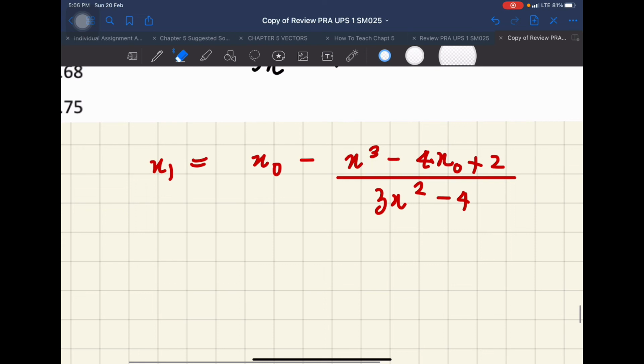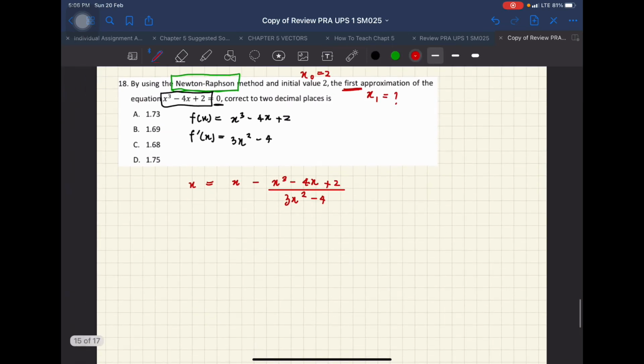Ruang ni kecil pula. Okay, so kebiasaannya kita akan tulis xn plus 1. This will give you xn over here, xn over here, xn over here. Okay, so you just need to substitute x0 punya value dekat dalam this one and also this one. Okay, you just press your calculator, you will get the answer D.